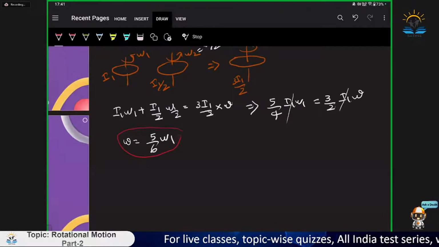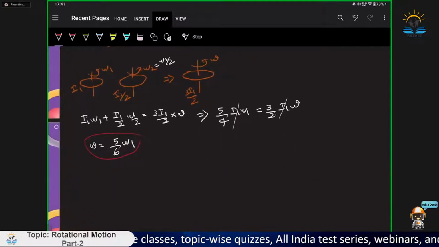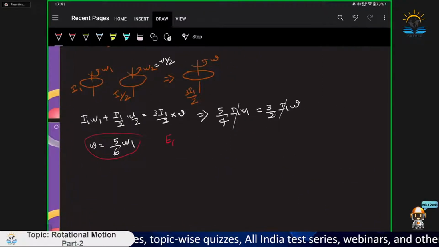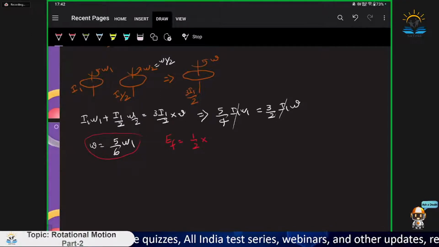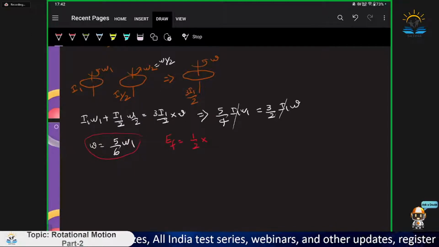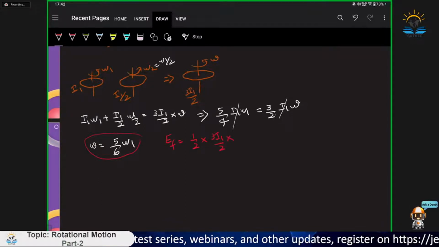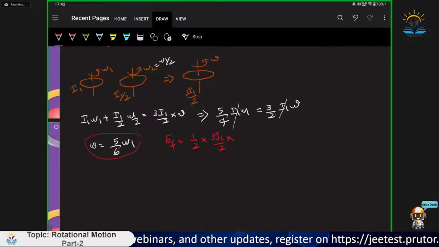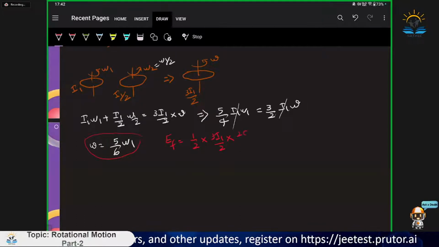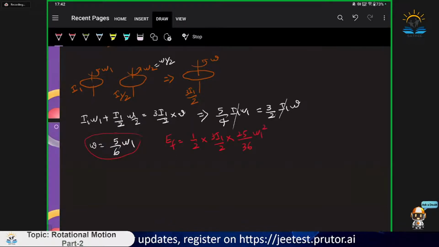So we got the final angular velocity. Next, we have to find E final. Kinetic energy will be half into moment of inertia 3 I1 by 2, into omega square, that is 5 by 6 omega 1 square, that is 25 divided by 36 omega 1 square.